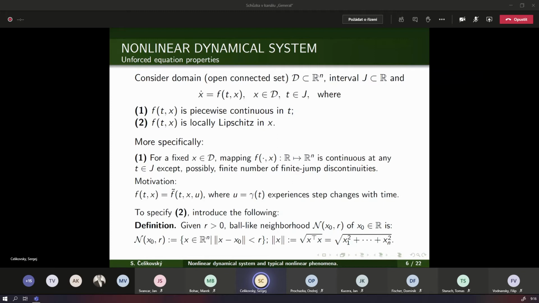Okay, so first we need to understand how this unforced dynamical system is behaving. And we would like to first of all study the existence of the solution.